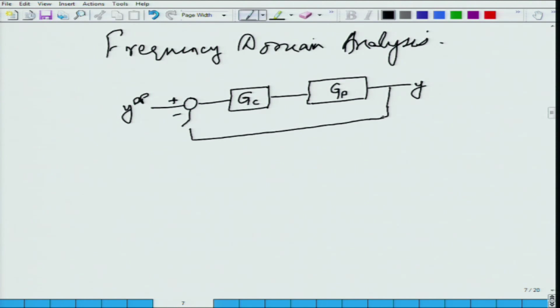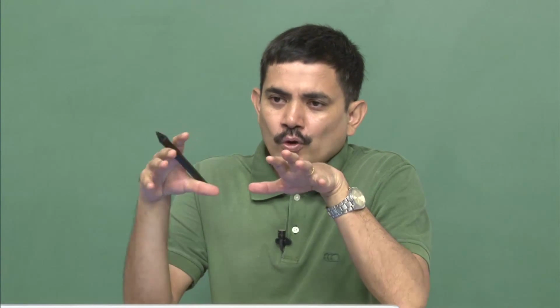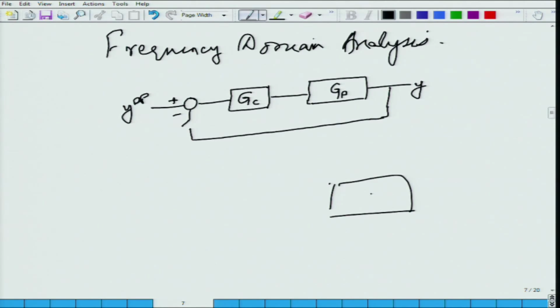Now, there is something in linear systems theory: if there is a linear dynamic system, even if it has dead time, and you force it with a sinusoid, that means I have a linear system with a transfer function g, an input and an output. If this input is a sinusoid, then the output would also be a sinusoid.